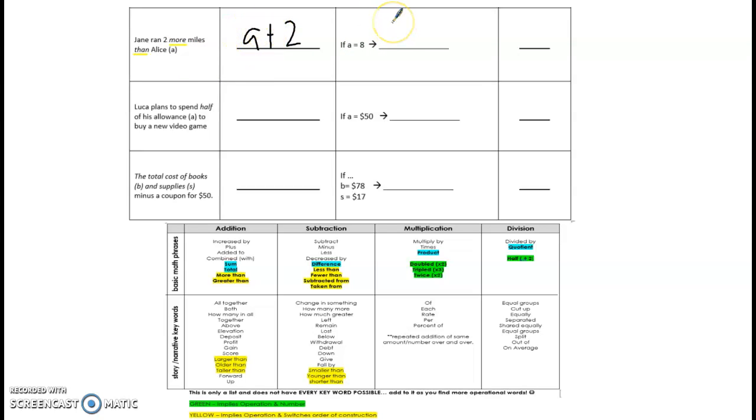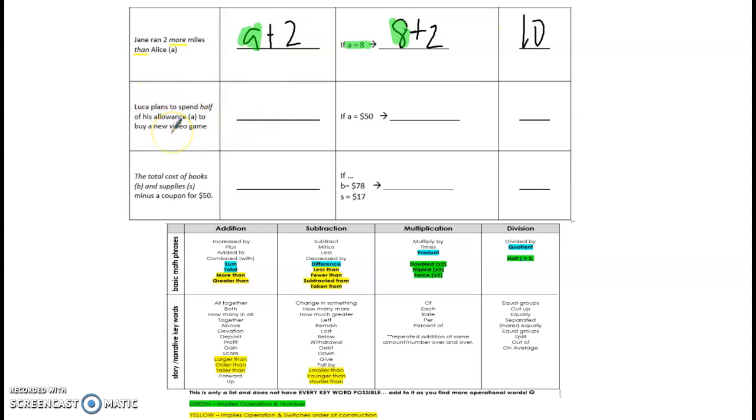I would take 8 and plug it in for my A value. So I put 8 in for my A and then wrote the rest of my problem as is. 8 plus 2 is 10. So Jane ran 10 miles because she ran 2 more than Alice, who ran 8.